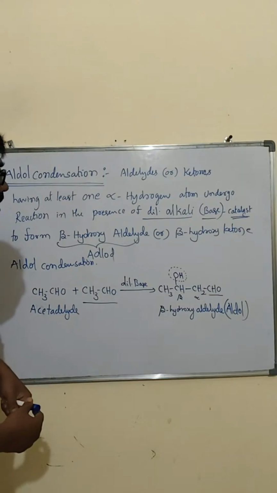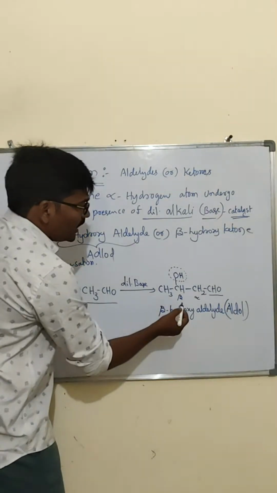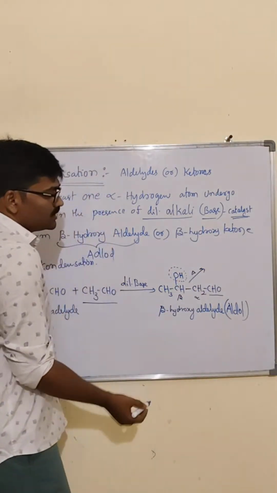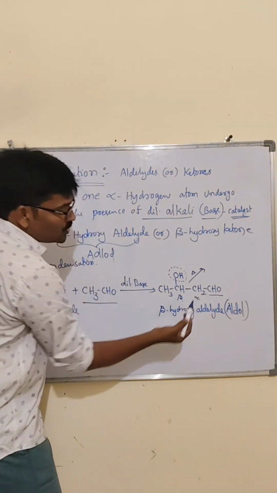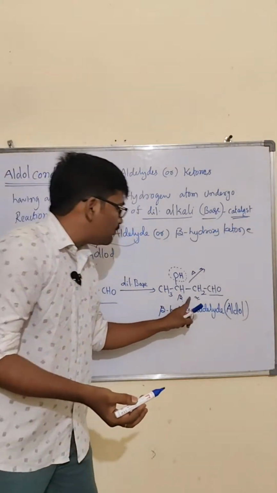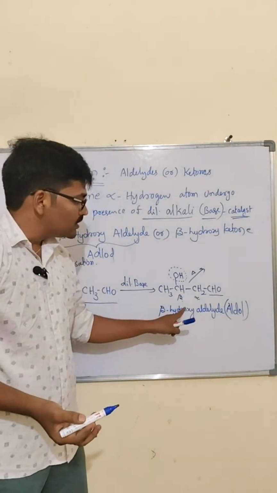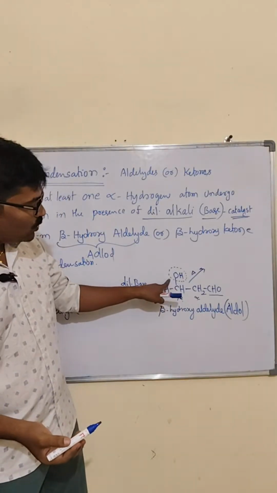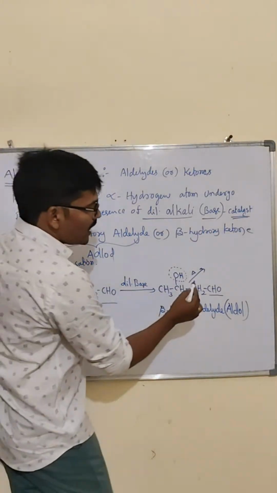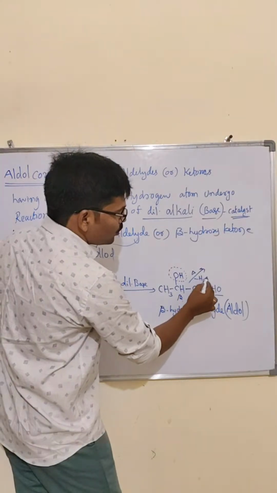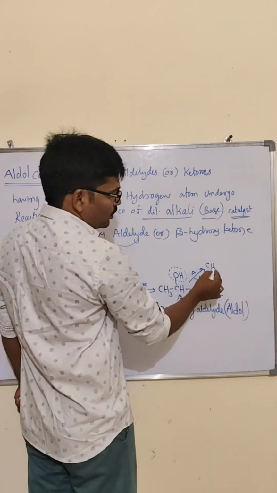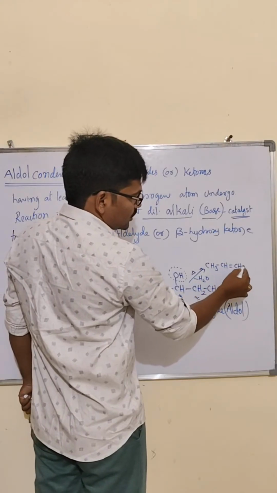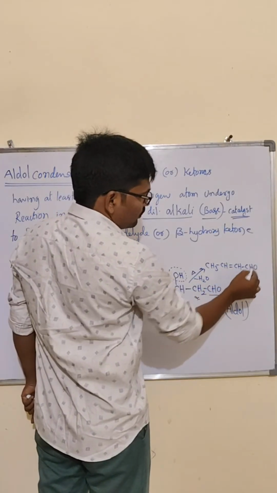See, the aldol, in case it is heated, then from the alpha and beta positions, listen carefully, the hydrogen atom from the alpha position and the OH from the beta position are removed as H2O. Then what product will be formed? CH3, CH double bond CH, then CHO will be formed.